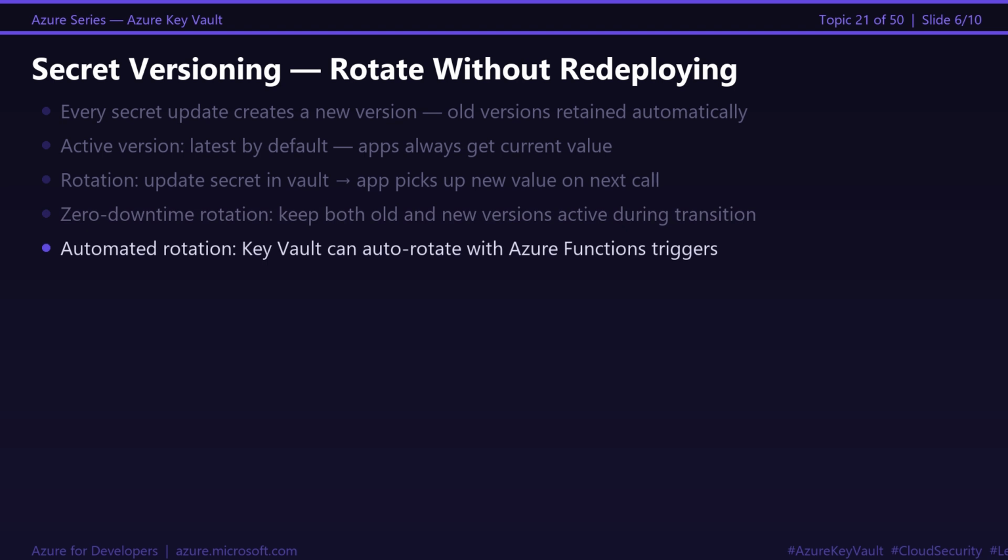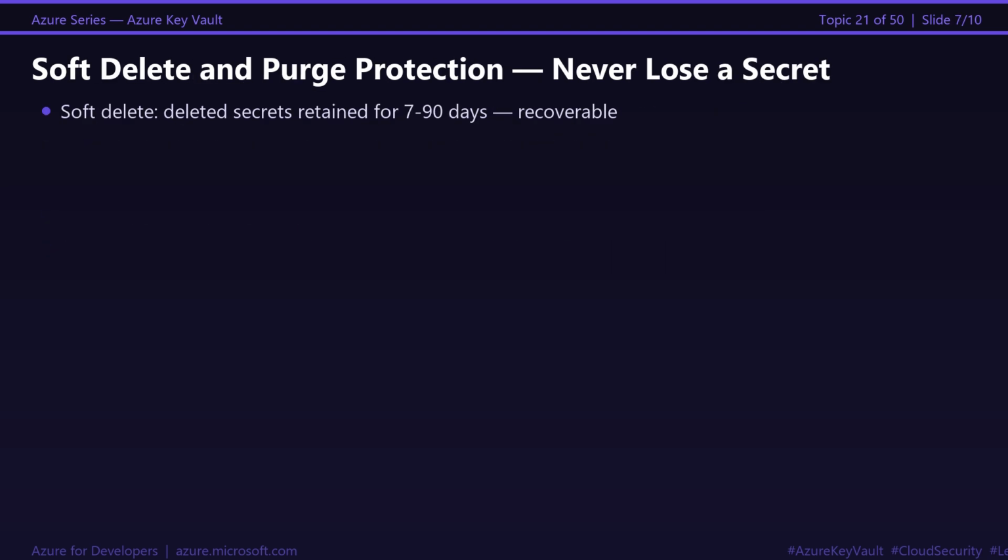Purge protection. This goes one step further. Even a vault administrator cannot permanently delete a secret during the retention window. Not accidentally. Not maliciously. If an attacker compromises an admin account and tries to destroy your secrets, they cannot. The vault holds them safe for the entire retention period.